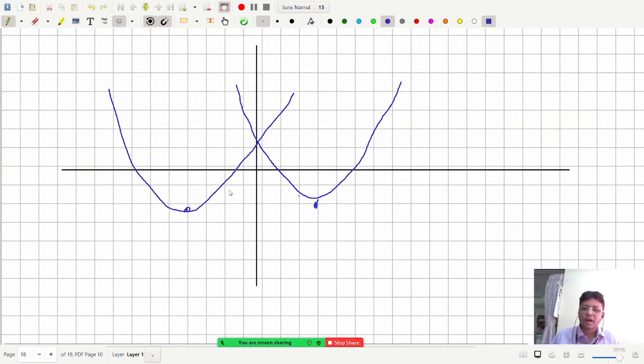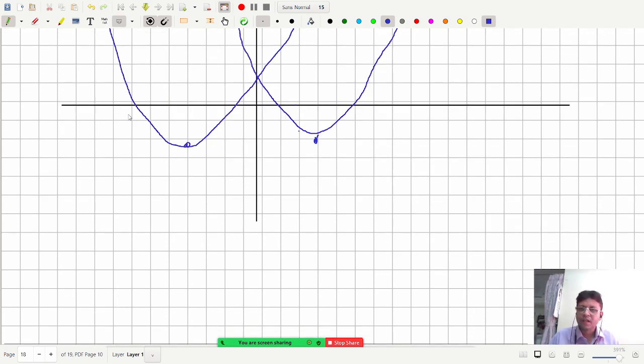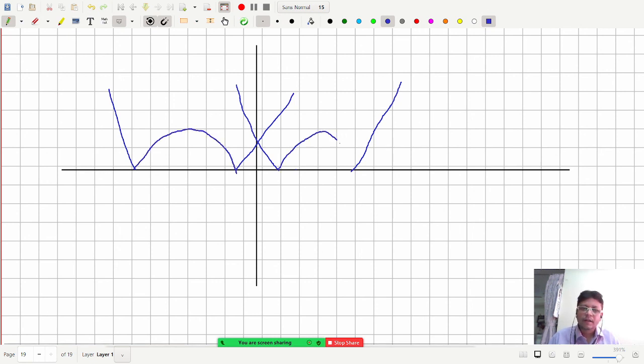This is actually two parabolas. Now if you draw another diagram, let me remove the negative portions. It will be just inverted if you take the mod. If you take the mod, it will be inverted like this. That's the meaning of mod.